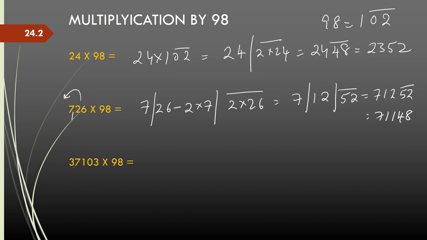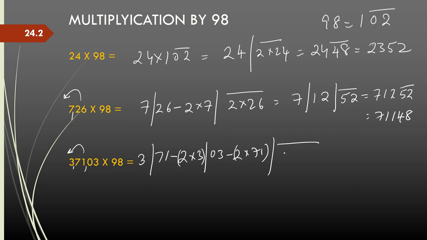Similarly, one more example with a bigger number. Always divide into groups of 2, then start from the left side: 3, then it is subtraction in this direction. So, 71 minus twice of 3, and then 03 minus twice of 71. Be careful with the BODMAS, and then the last part is twice of 03 with a bar on top.